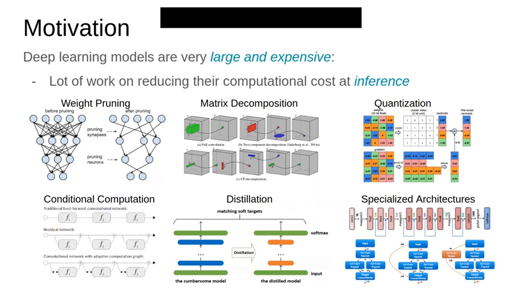So the motivation of this work is, it's well known that deep learning models are very expensive and large. So it's very difficult to train those models. We need large machines with GPUs, and every year they're getting more and more computationally expensive. So in the past few years, there has been a lot of research in trying to reduce the computational cost of those deep learning models.